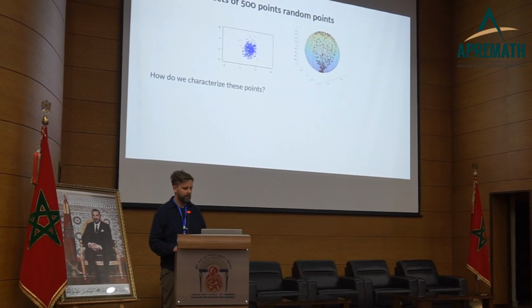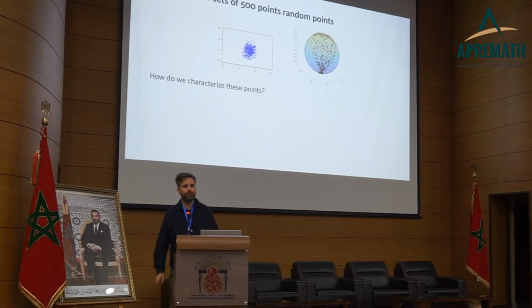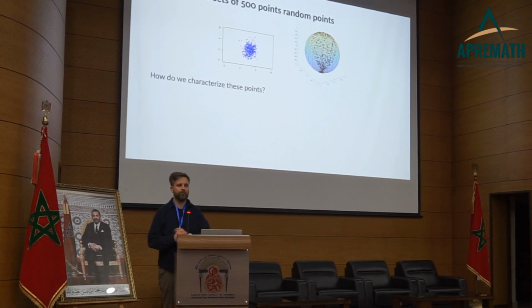Here on these slides, I have two pictures of 500 points that are randomly generated. Let's say I want to describe these 500 points somehow. What are some central tendencies?